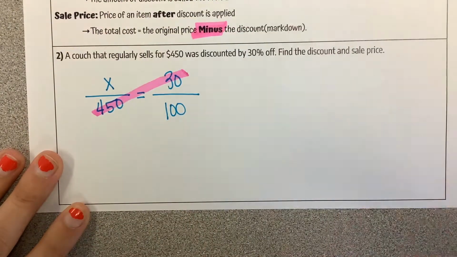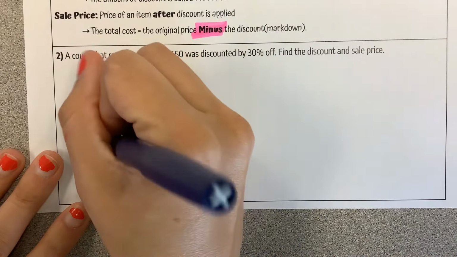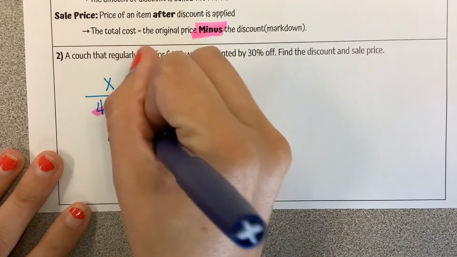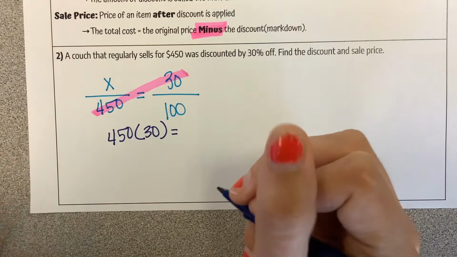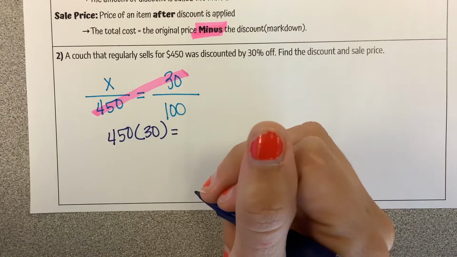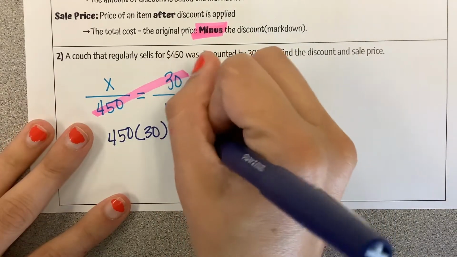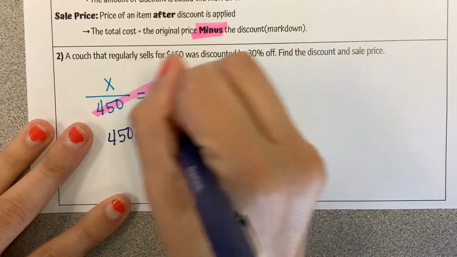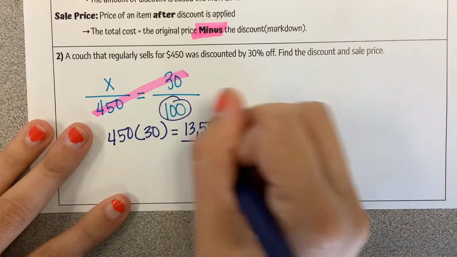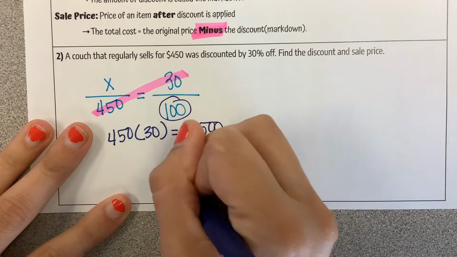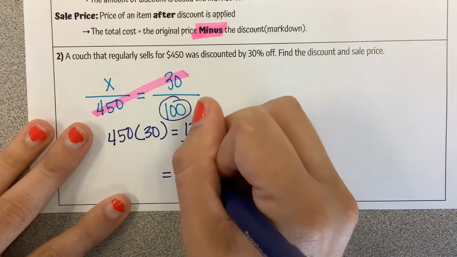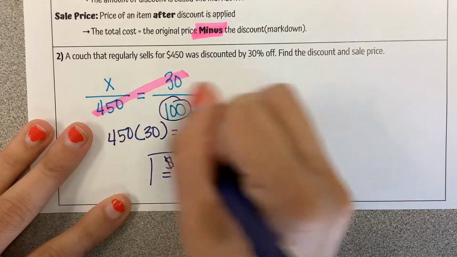So we're going to solve this proportion. 450 times 30 equals 13,500. We divide by 100 and we get $135 off.